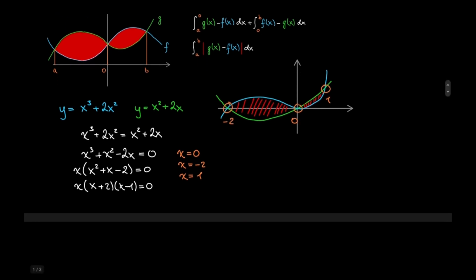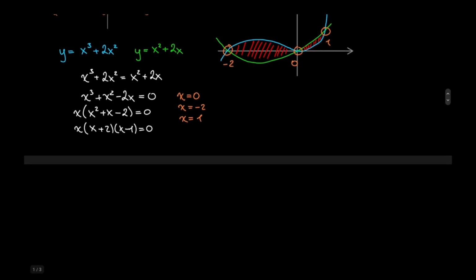So that means now we have two different options. We can construct one integral from negative 2 all the way until 1, and then take the absolute value of x cubed plus 2x squared minus x squared plus 2x.